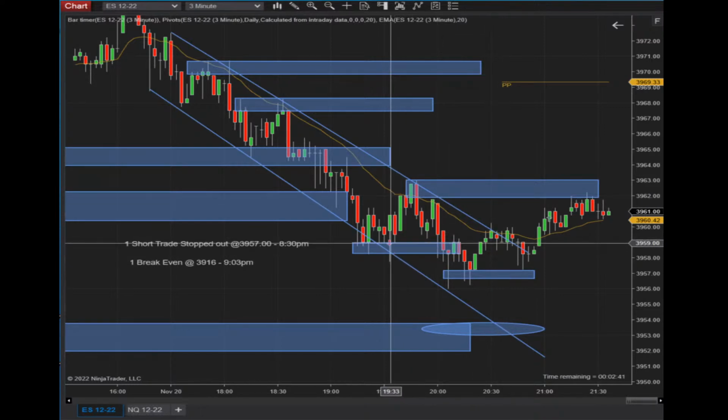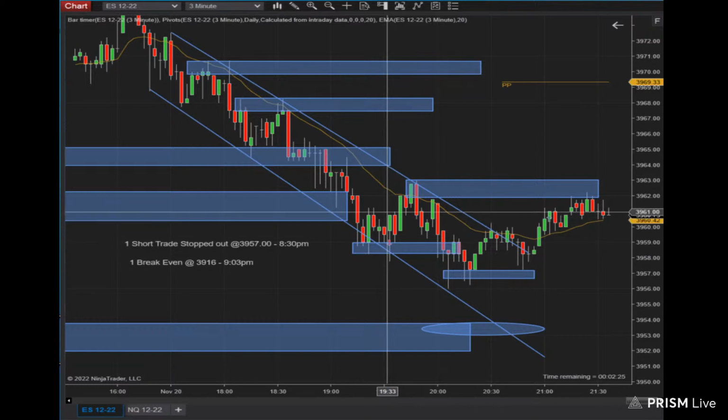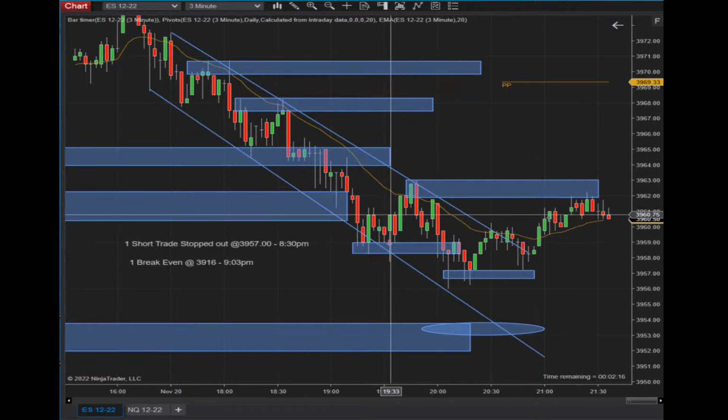So again, this short is the one that we got stopped out on, and I thought for sure it was going to bust through this, but it just had no energy, no conviction, and that's okay. I didn't want to add when it pretty much flew back up here. So I just wanted to take the stop out and be done with it.